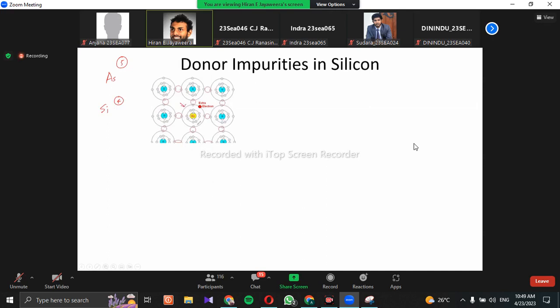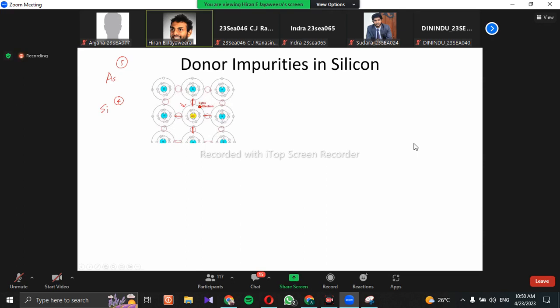Now, if you take a silicon lattice and you replace, for example, this silicon atom with an arsenic atom, what happens is that it will make 4 covalent bonds, right? However, there is an additional electron. It's not bonded to any of the neighboring atoms.